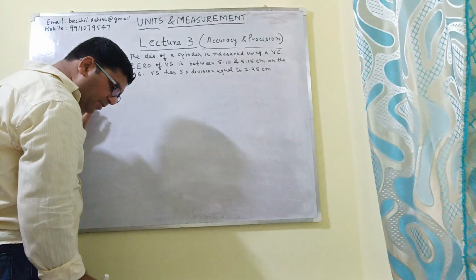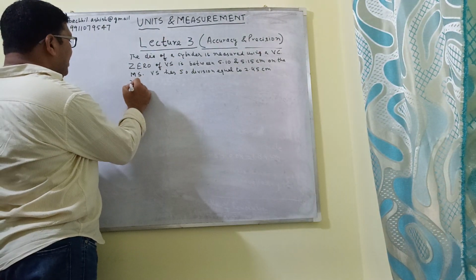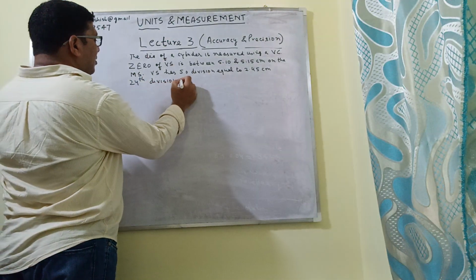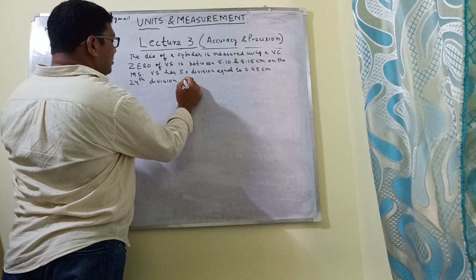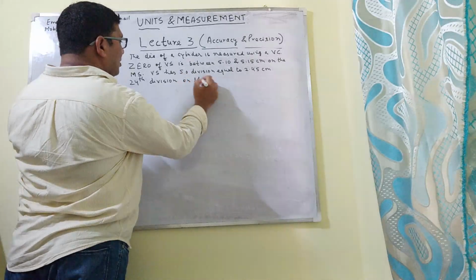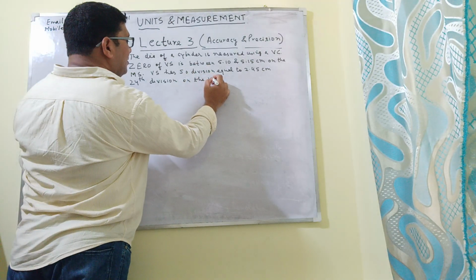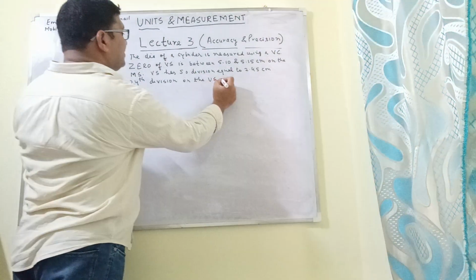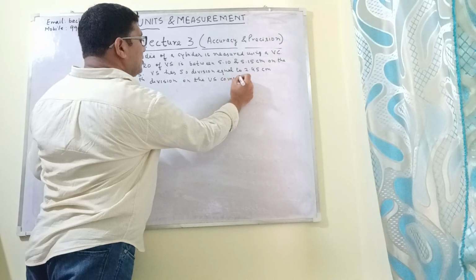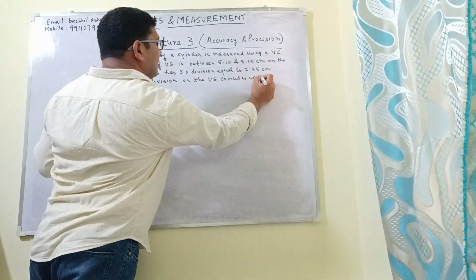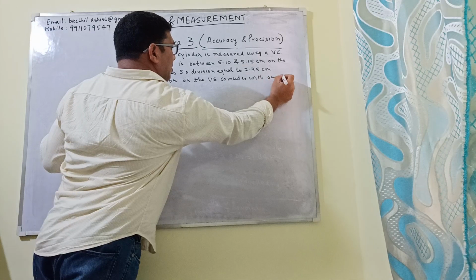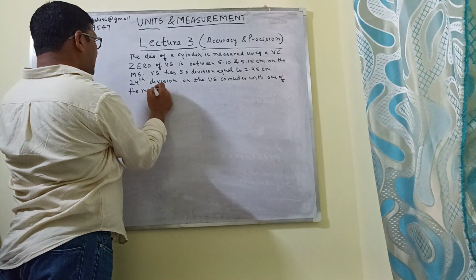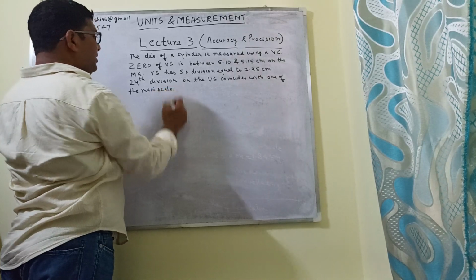The 24th division on the Vernier scale coincides with one of the main scale. ये दिया हुआ है.